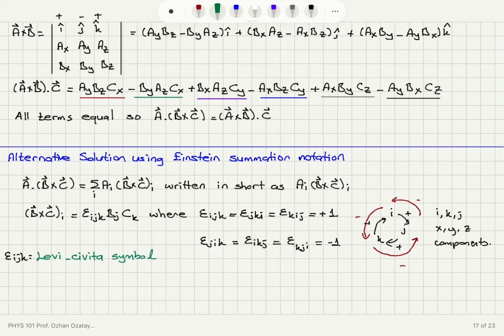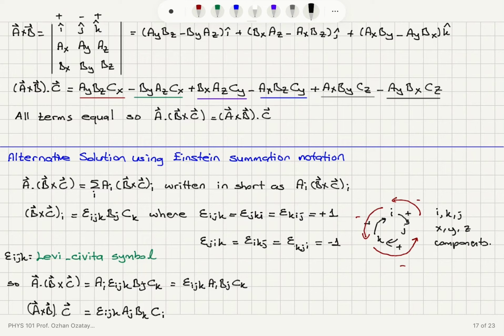On the other hand, if I write A cross B dot product with C, this is epsilon ijk aj bk, that's the ith component of A cross B, multiplied with the ith component of C, summation, but we don't have the summation sign.